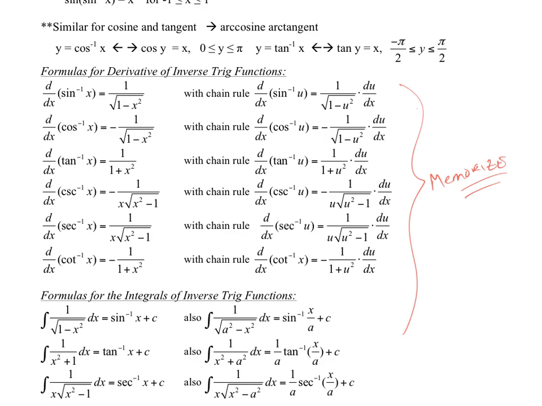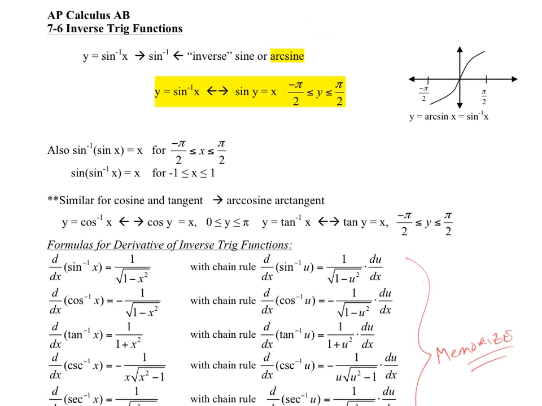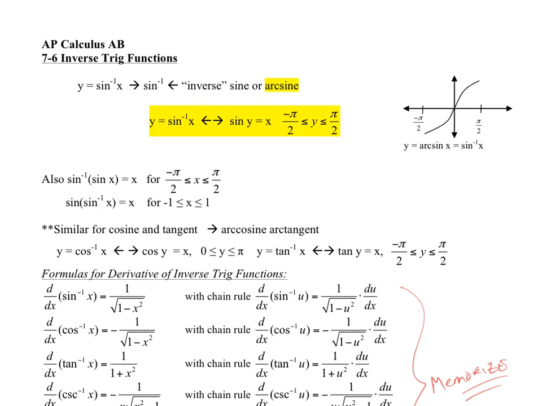All right, let's go back and take a look here. First of all, let's start with what an inverse trig function is. If we take a look at the inverse sine, remember what you had learned in prior classes.